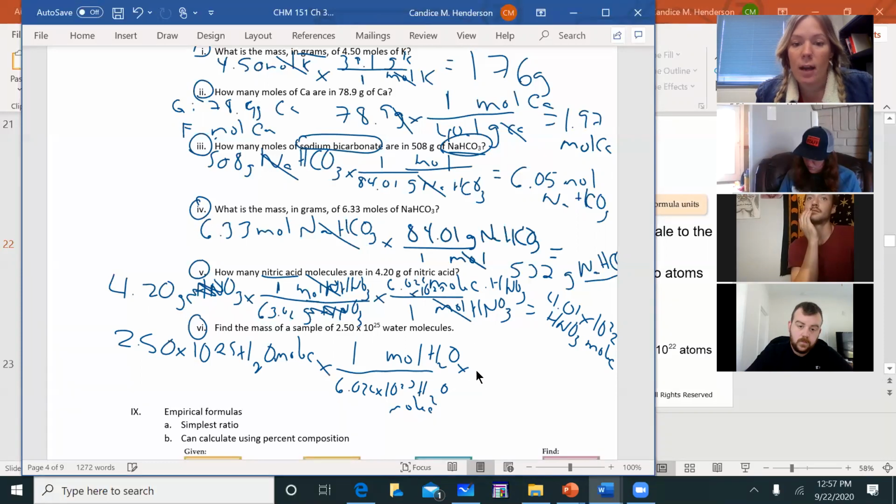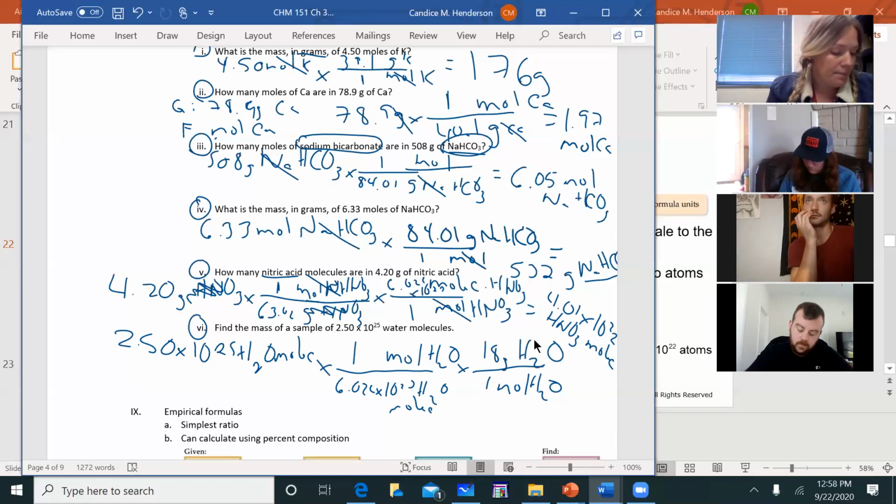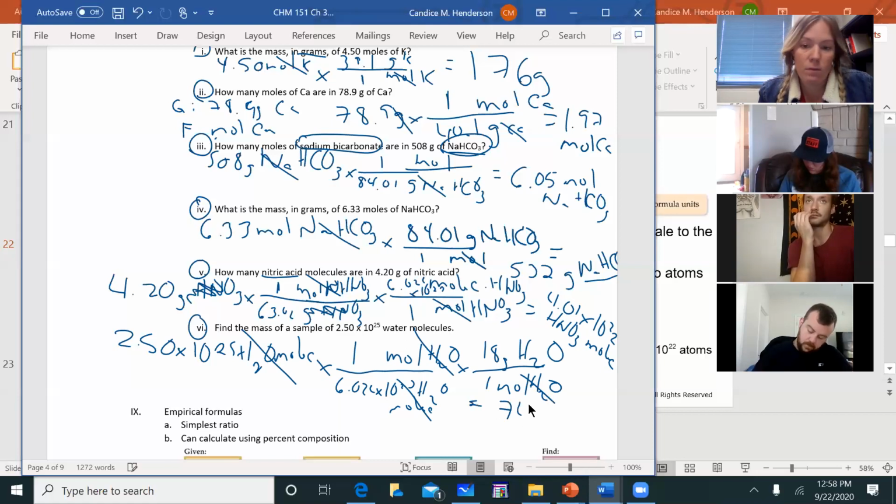Then I want to get it into grams. So for every 1 mole of H2O, I am approximately 18 grams. Molecules will cancel, moles will cancel, and we're left with grams, specifically 748 grams of H2O.